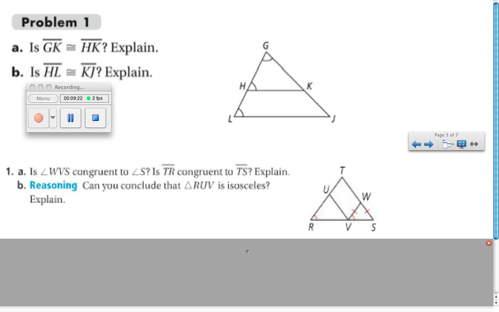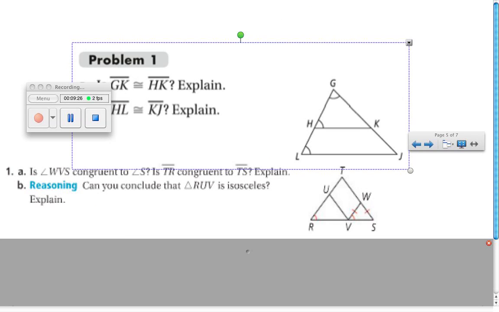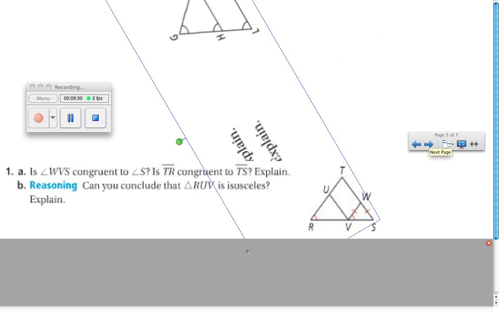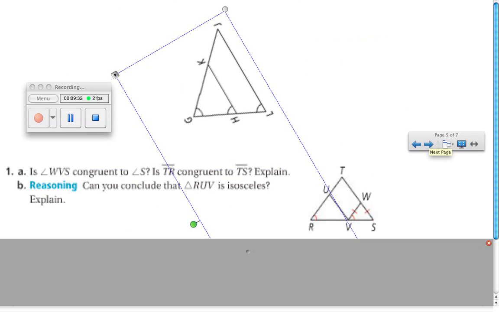If it helps, as I said, sometimes turning the diagram helps. If I turn this diagram, look at these two angles that are marked congruent here in that triangle.